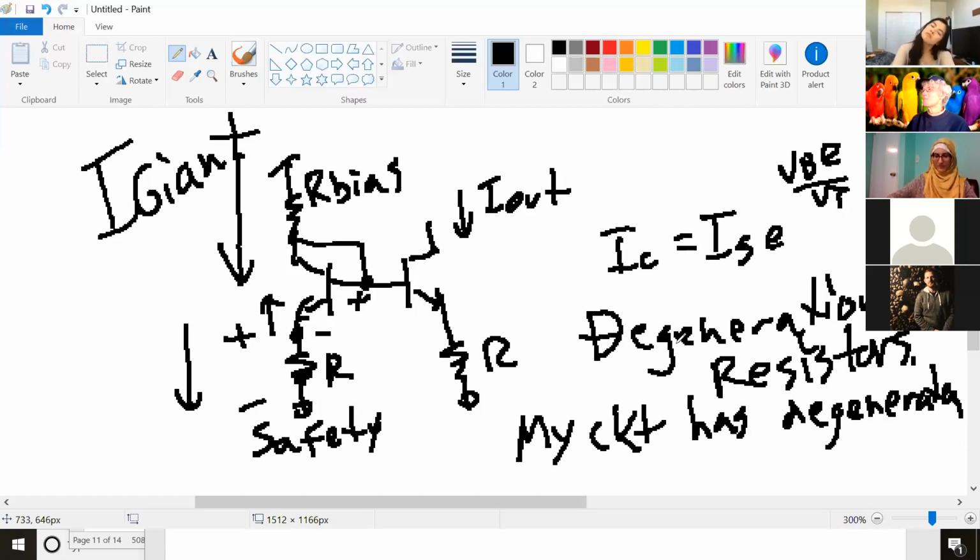For example, if you want to make a digital circuit faster, what happens to power? Power consumption increases. Yes. So you got it faster now, but now you're using more power. So there's generally trade-offs like that. And this one is another one of those. It protects your circuit, but it makes your amplifier gain go down.